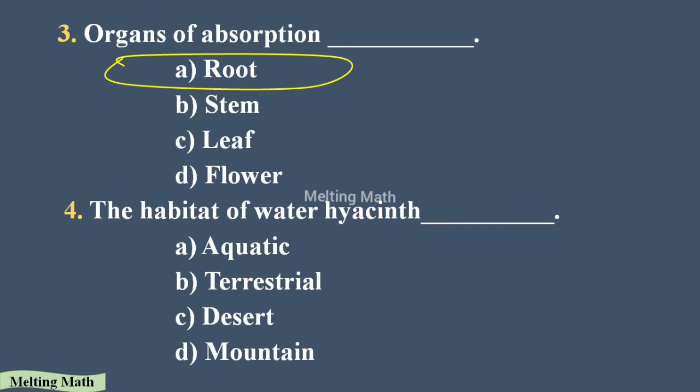We have already seen in the aquatic habitat some three examples of plants which grow only in the aquatic area. Water hyacinth is also one of those, so it comes under the aquatic habitat. So option A is the answer.